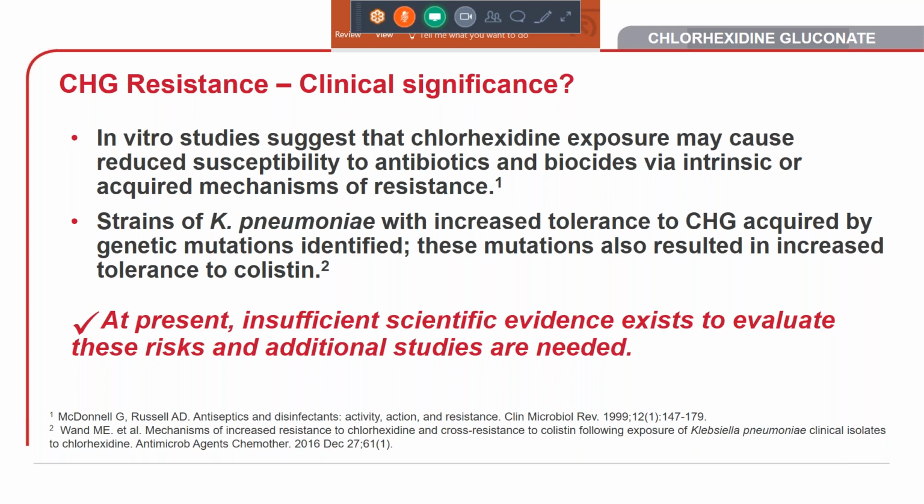One of the big concerns of these authors was that the mutations that were seen also resulted in increased tolerance to colistin, which I think we all know is sort of a last resort drug for patients that have highly resistant gram-negative infections. However, most scientists are stating that insufficient evidence exists at this time and additional studies are needed.